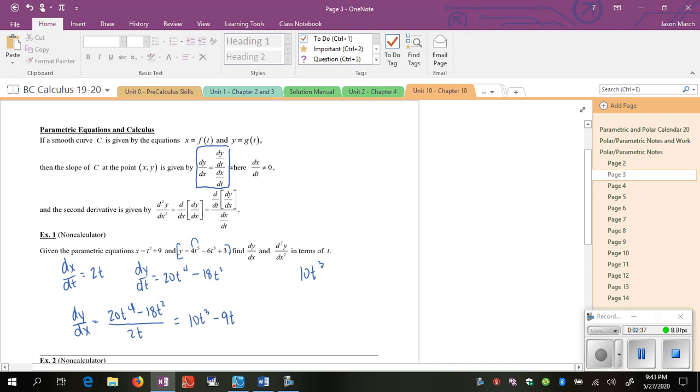10t cubed minus 9t. And if I do this and I want the second derivative, or d2y dx2, I'm taking the derivative of this with respect to x. But we have an issue with that, right? Now I'm going to have to worry about implicit differentiation.